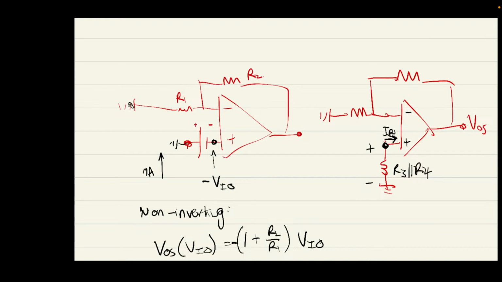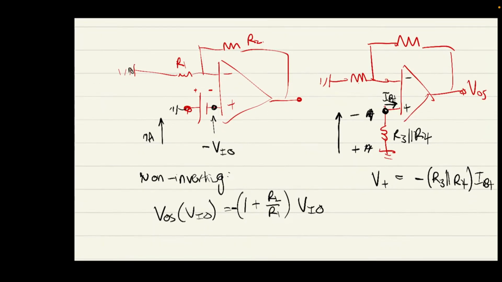I can find that the positive terminal voltage is going to be a negative voltage again, because if I draw this correctly, we actually have the current going upwards, so the drop is going to be in this direction. So we're going to have a negative voltage at the positive terminal, and it's going to be negative R3 parallel R4 times IB plus.